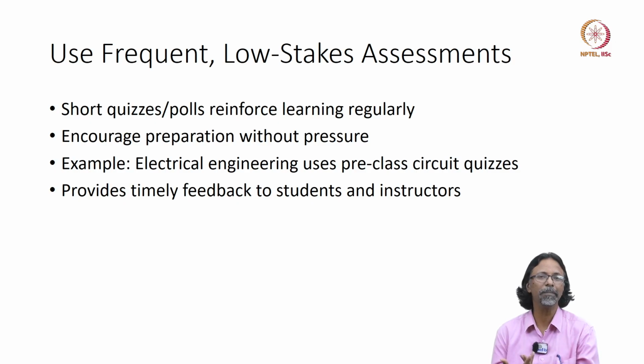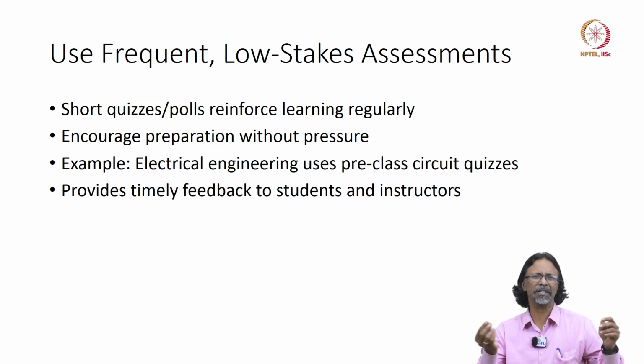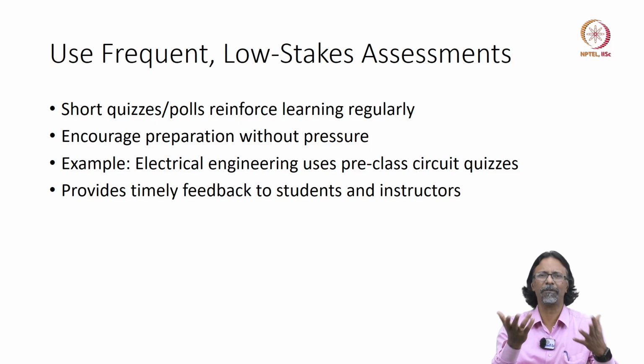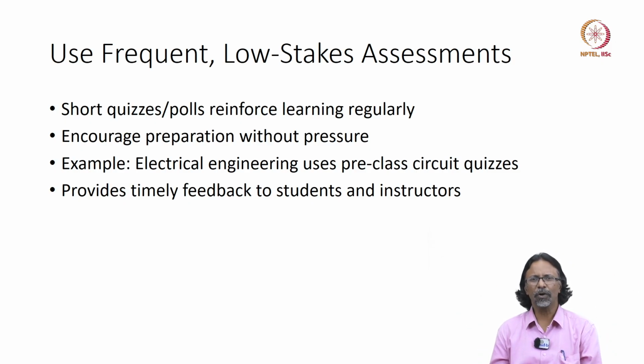We have to provide a learning compass which tells them where they stand, and this can be enabled with frequent low stakes assessments. Even if they mess up, it should be okay, for say a quick 3-mark or 5-mark assessment in a 100-mark evaluation. Even if they mess up, they can quickly learn, and for many of these low stakes assessments we can even give them multiple opportunities.